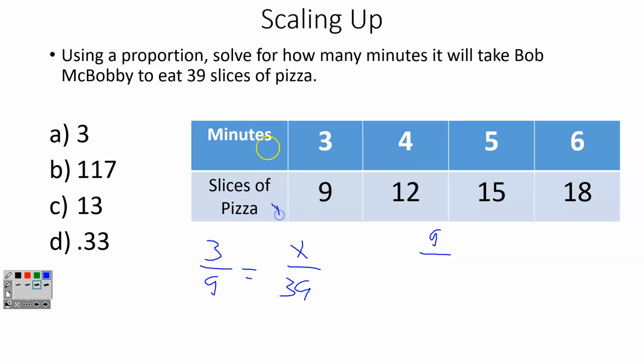Remember, this is my y, this is my x. And get 3. And then do 39 divided by 3. Regardless of how I choose to do it, I should get an answer of 13. So it would take 13 minutes to eat 39 slices of pizza because you can do 3 slices in 1 minute.